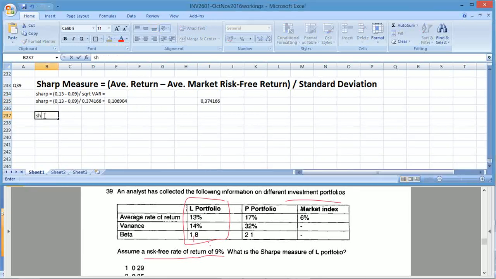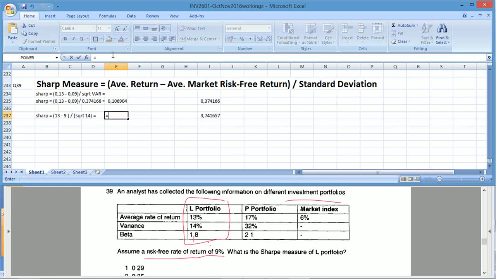Unless I have to use the percentage. So let's try this. Sharpe equals brackets 13 minus 9, close brackets, divide by, open brackets, square root 14, close brackets, equals. Let's see what we get there. Okay, so equals square root 14. Okay, it gives me 1.37.